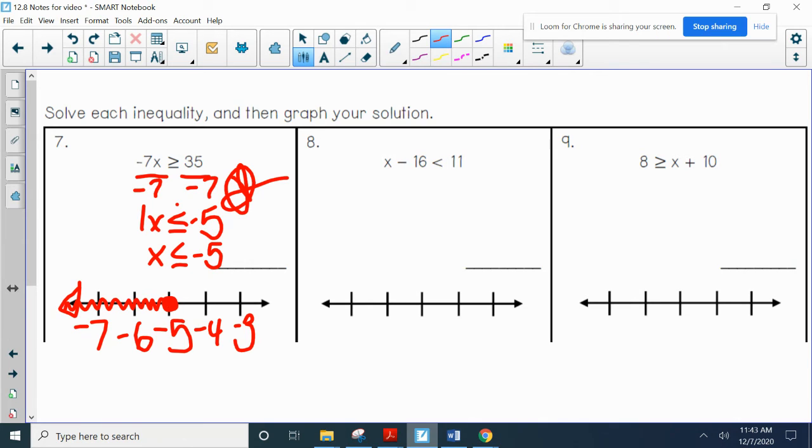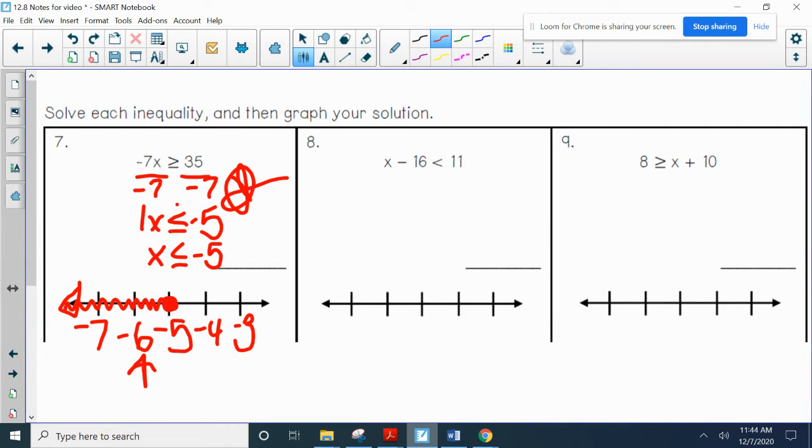We know that negative 6 is less than or equal to negative 5, so we did that right. And we have a closed circle because it's or equal to, so we're looking good. And our variable is first, pointing to the left, so we know we did it right. And if we wanted to go back and check it, we could plug in negative 6 because that's one of the ones we have shaded.